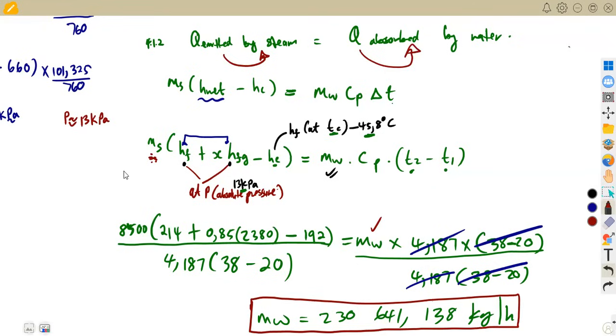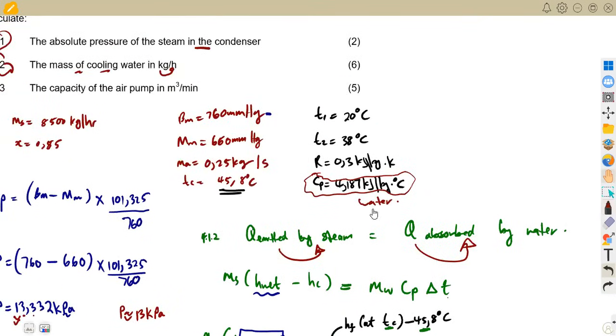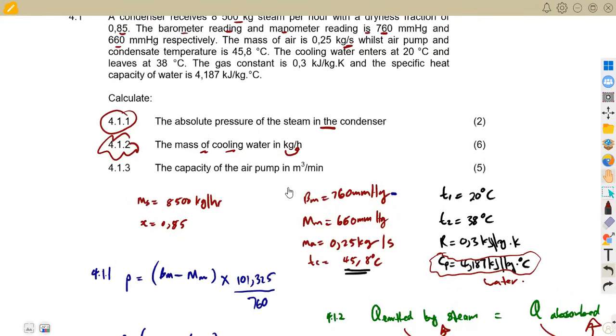Guys, you can play around with this. In another formula, it will be HS plus HC. I shall talk about that formula which uses HS plus HC as a separate class so that I do not confuse you. For now, let's stick to this one.